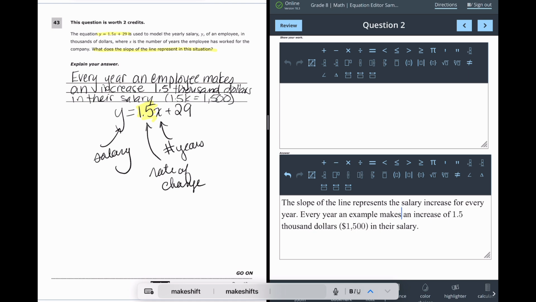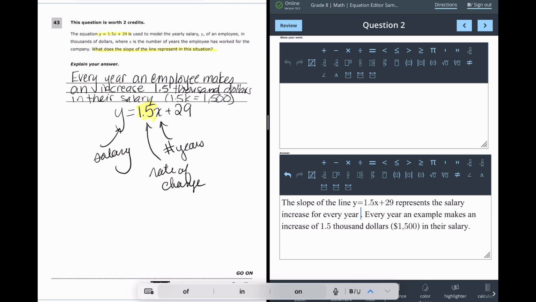All right, and so let's say you're just comparing both. Every year, an employee makes an increase of $1.5 thousand in their salary. Done. So the only thing I might want to add, I guess, is the equation. The slope of the line, y equals 1.5x plus 29, represents the salary increase for every year worked.